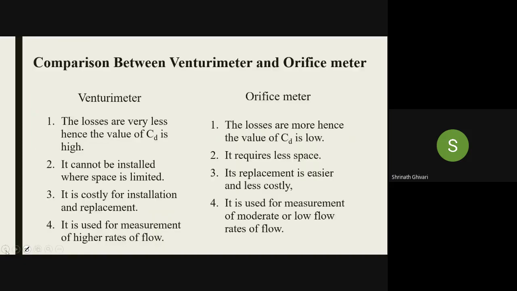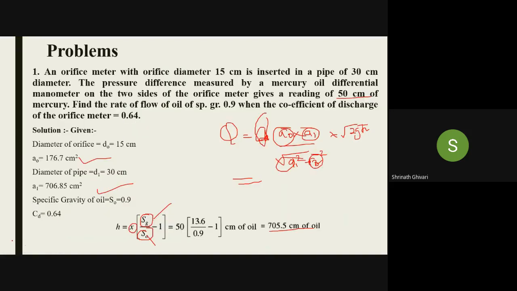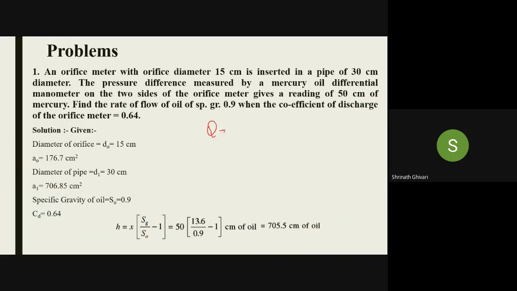If you want, the formula is this one. Q equal to CD A0 into A1 divided by square root of A1 square minus A0 square, into square root of 2gH.